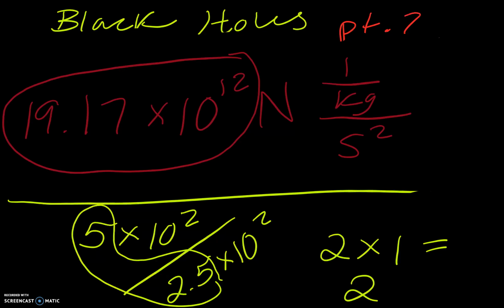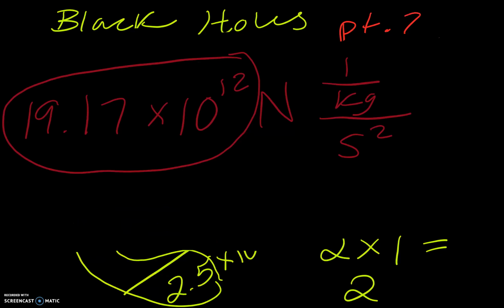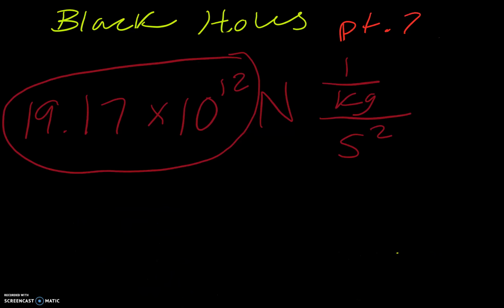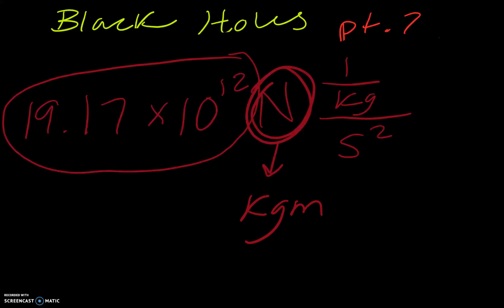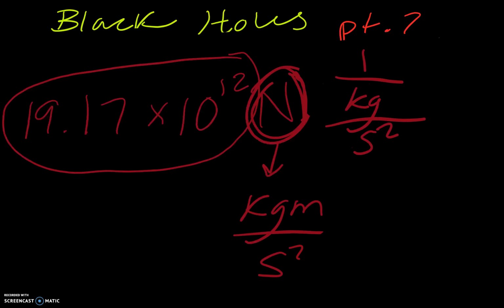So let's move back to what we were doing. So after doing all those calculations, you get this number up here, but we still need to deal with our units. So one thing we can do is convert our newtons into its other form, which is kilogram meter per second squared. You can probably see why they abbreviate it. One rule you might remember about dividing a number by a fraction is keep, change, flip. And so that's what we're going to do to these other units right here.